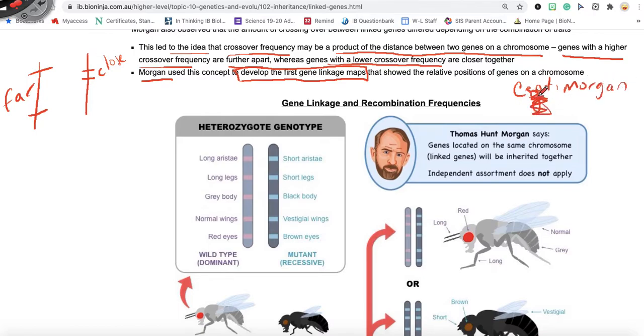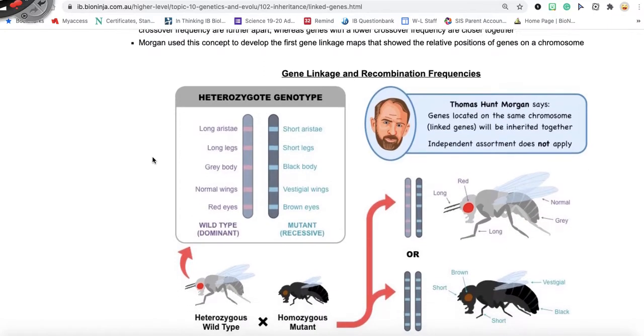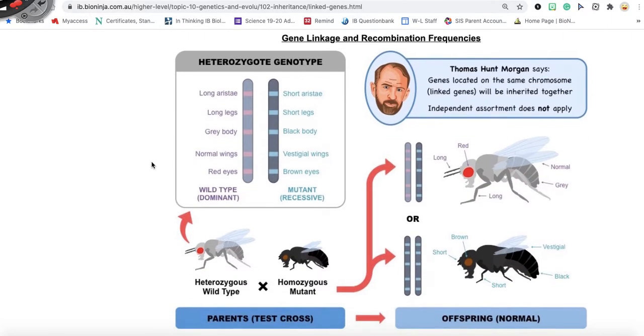This is not an actual SI unit, but it just helps to convey the length of these alleles within a particular chromosome. So here is just an example of gene linkage and recombination frequencies.